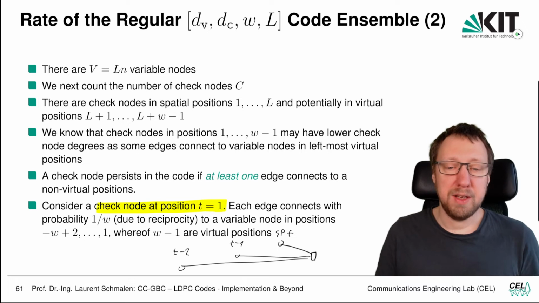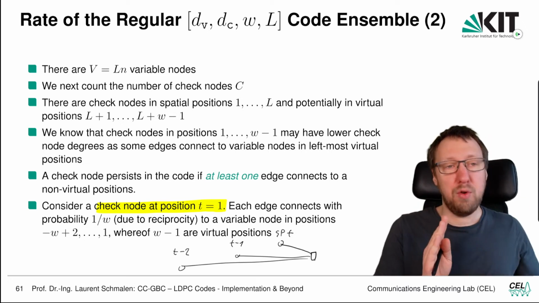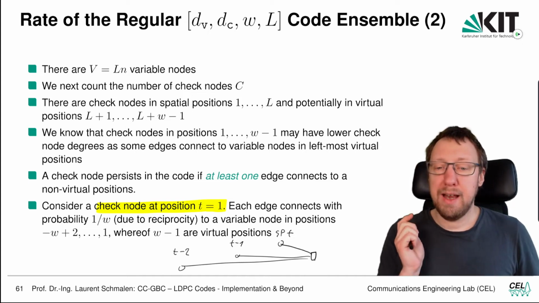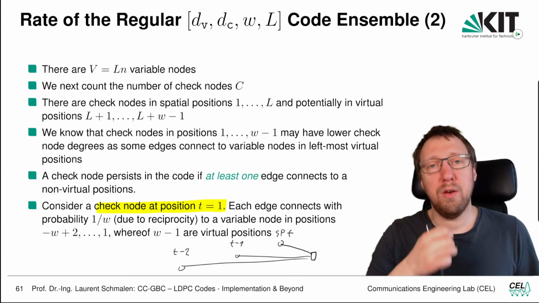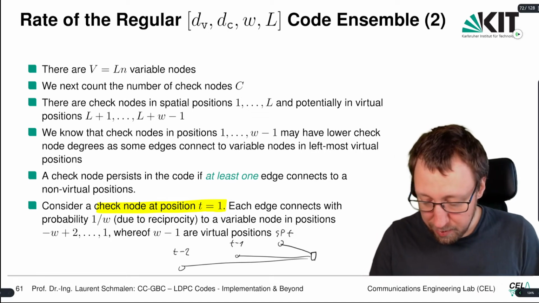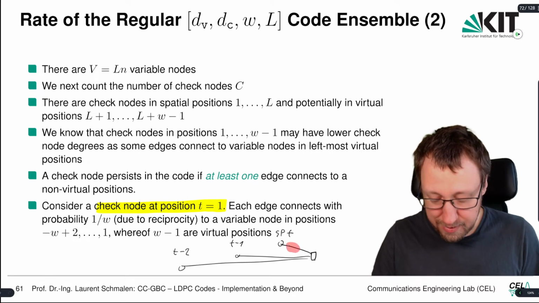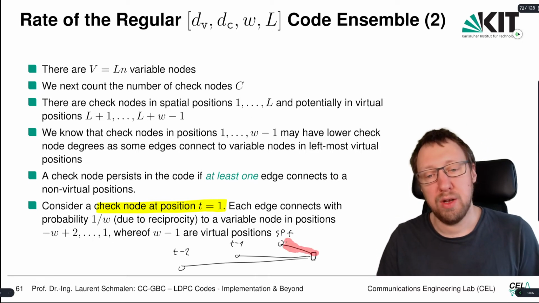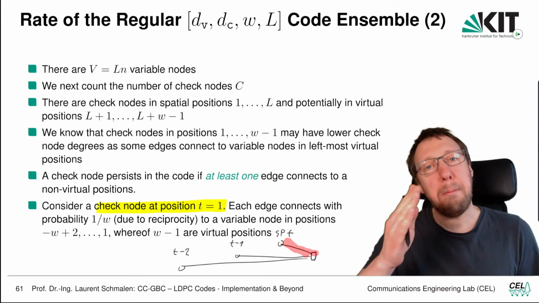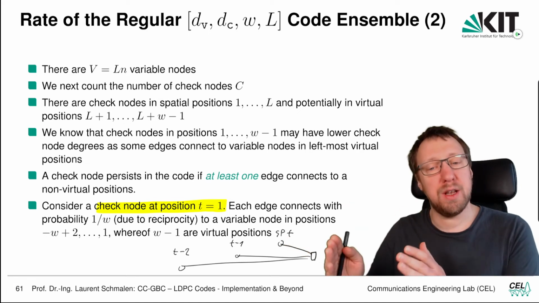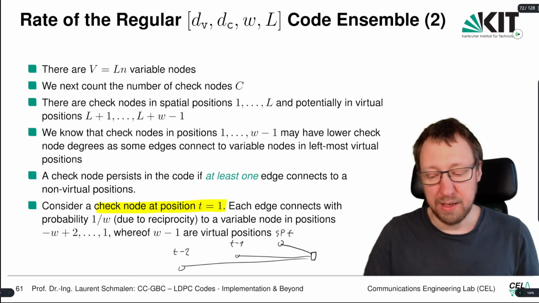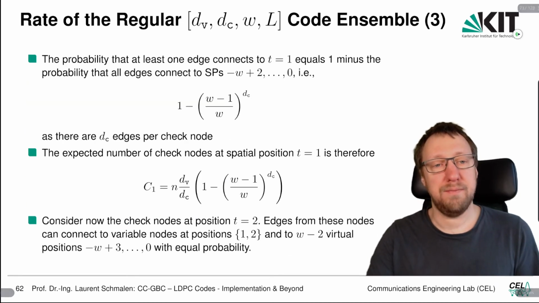So we have positions from t minus w plus 1 to t minus 1 that are virtual positions, and each edge connects with probability 1 over w to those virtual positions. So now we need to calculate the probability that at least one edge is connected to spatial position t. And this is 1 minus the probability that all the edges connect to the other positions, the virtual positions. That's probably the easiest way of calculating this.